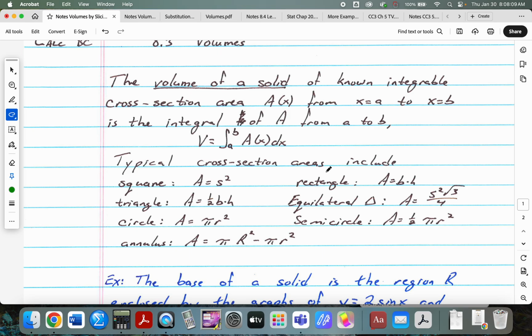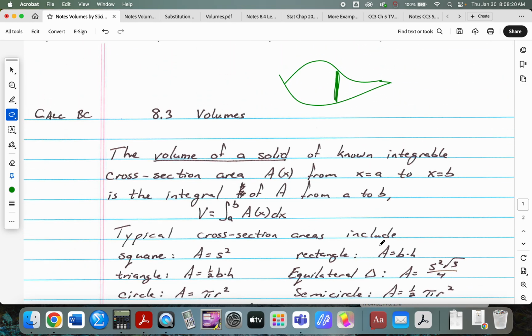A semicircle, and this is the typical formula that people use for a semicircle. Let me suggest to you that what's frequently going to happen is if this cross section is a semicircle, this isn't the radius of the semicircle, it's the diameter.